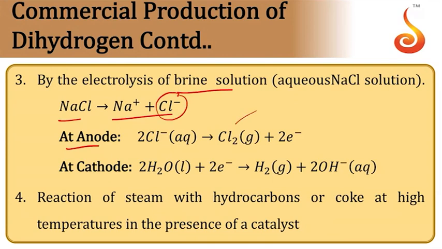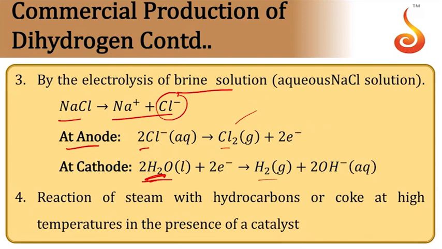At the cathode, water is getting reduced and it liberates H2 gas. So at the anode, Cl minus ions are oxidized to give chlorine gas, and at the cathode water is reduced to give H2 gas.